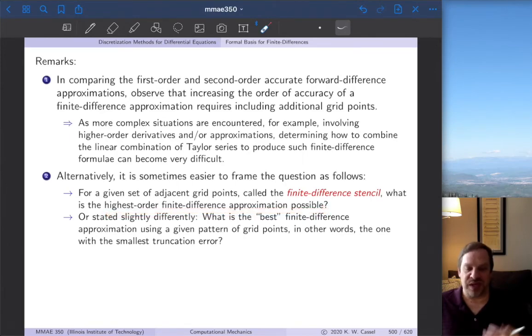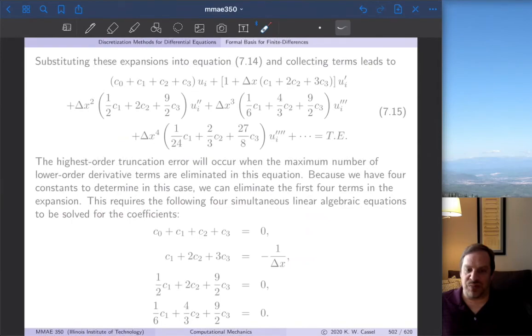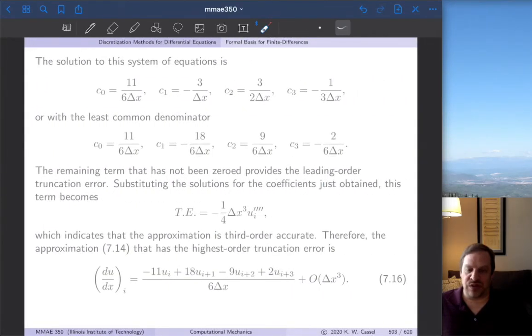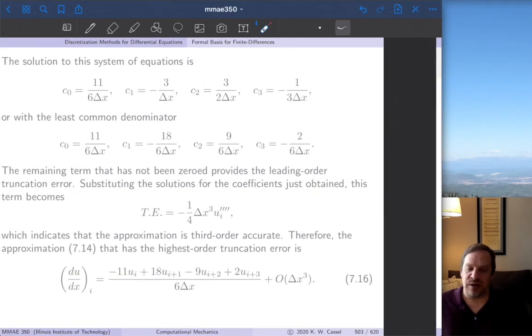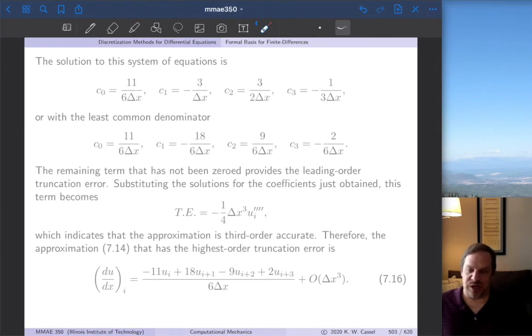What's the optimal combination of those points that gives us the highest order approximation, or the smallest truncation error? Here are 3 slides on that if you're interested. Again, you're not responsible for it, but as you get to higher order and it involves more terms, it turns out this method is easier than our method.